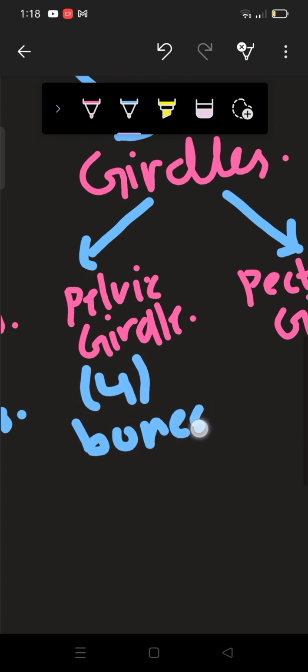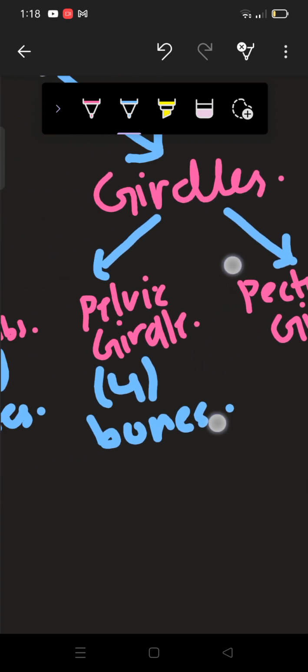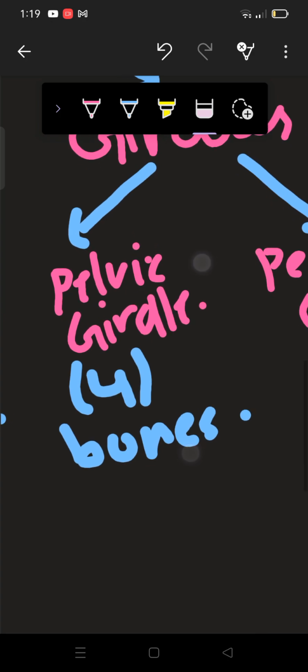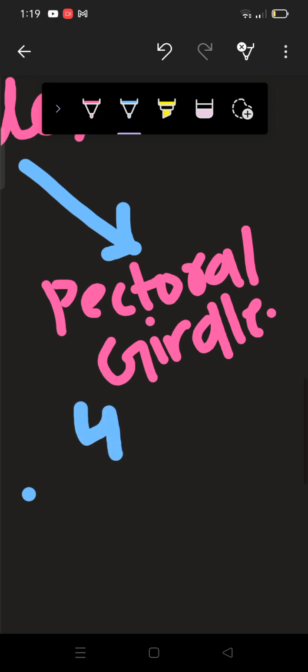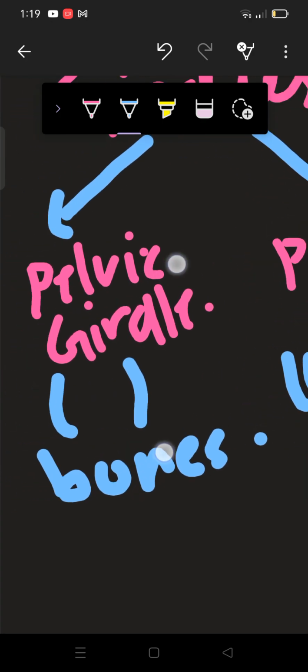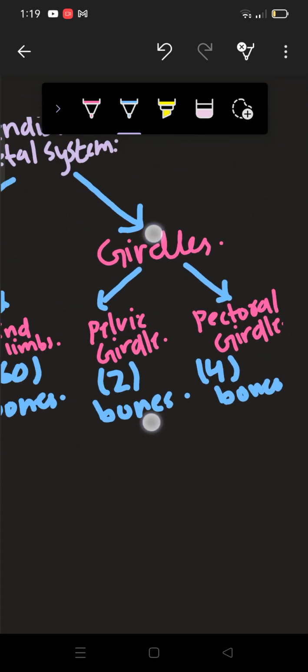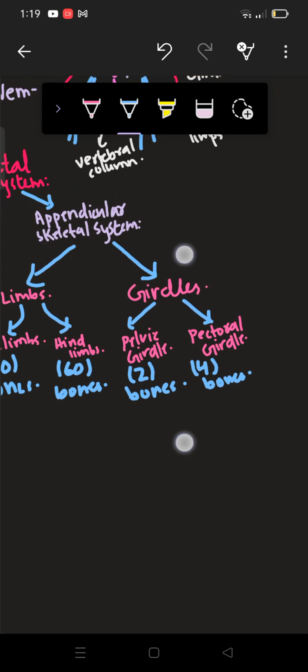Sorry, here I should write, wait. The pectoral girdle is comprised of 4 bones, and the pelvic girdle is comprised of 2 bones. So pelvic is comprised of 2 bones, pectoral is comprised of 4 bones.